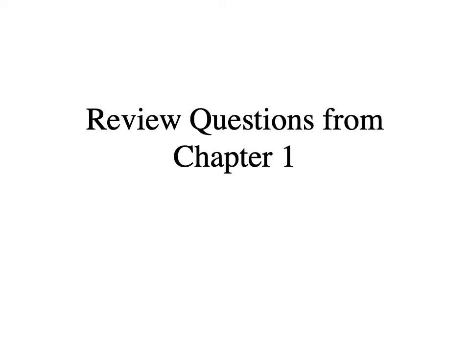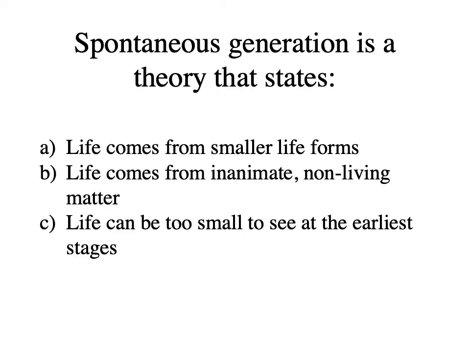Okay, now we're going to go on to Chapter 2, but first we're going to do some review questions from Chapter 1. The first question: spontaneous generation is a theory that states A. Life comes from smaller life forms, B. Life comes from inanimate, non-living matter, or C. Life can be too small to see at the earliest stages.